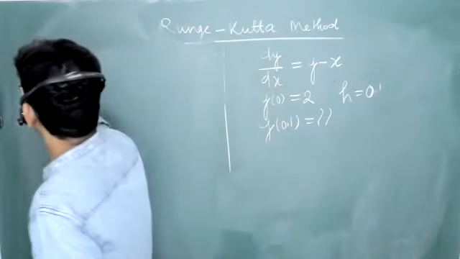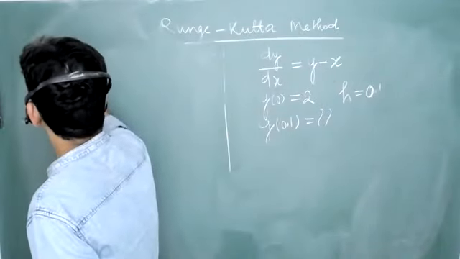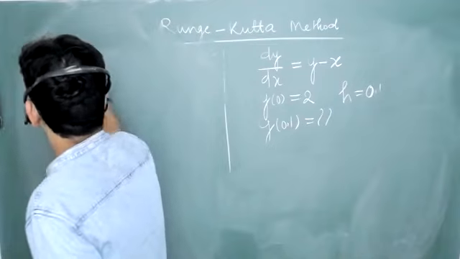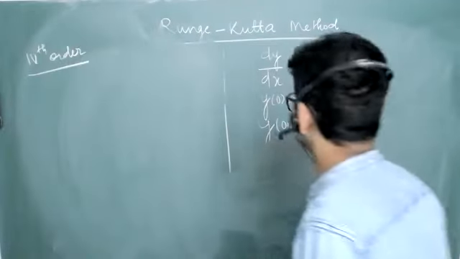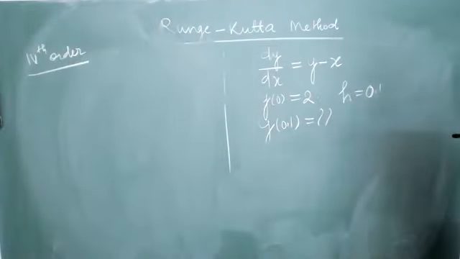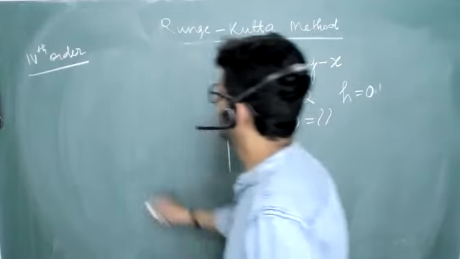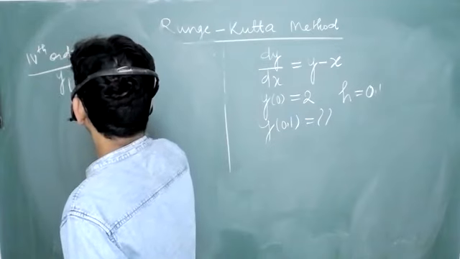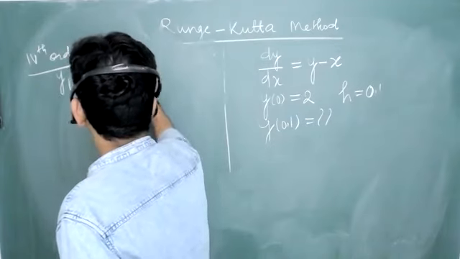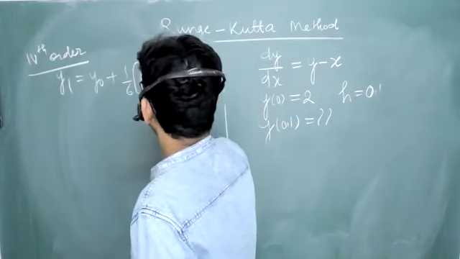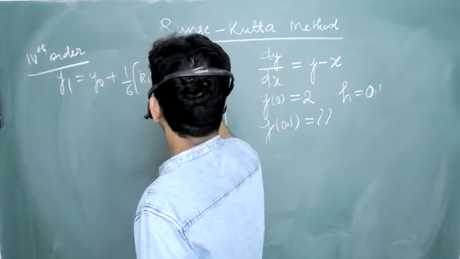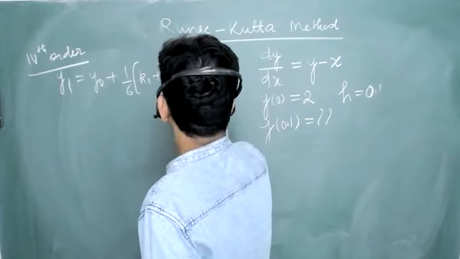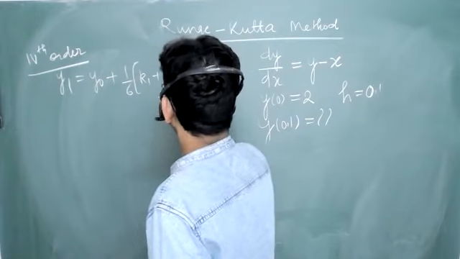fourth order. So fourth order, you know, is y1 is equal to y0 plus 1 by 6 of k1 plus 2k2 plus 2k3 plus k4.